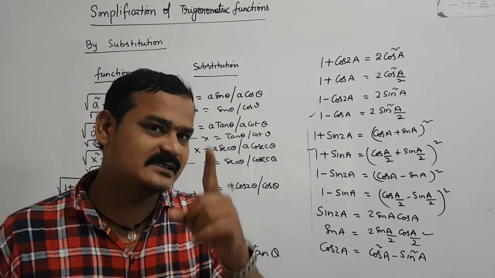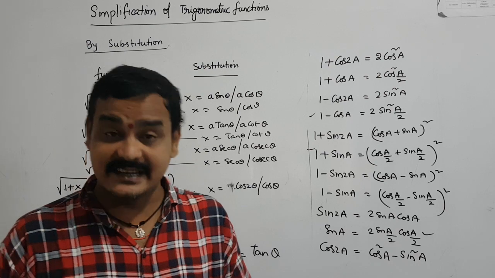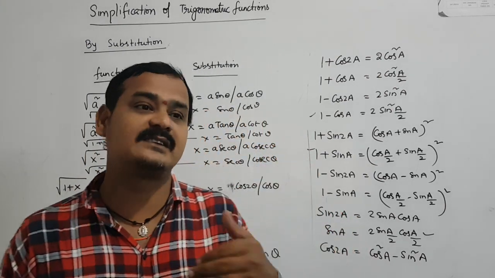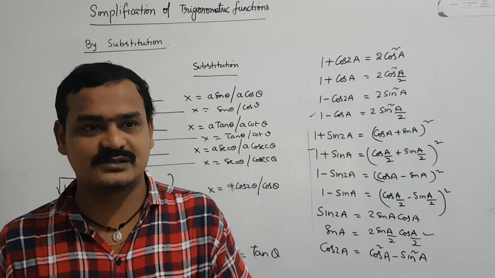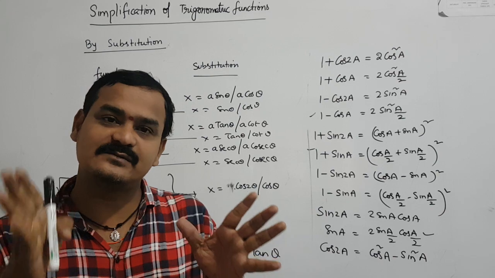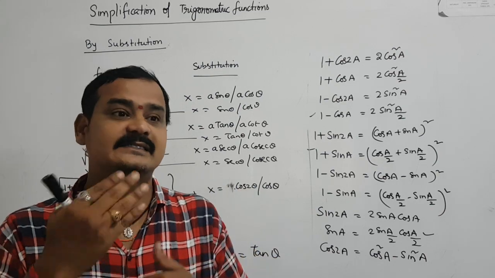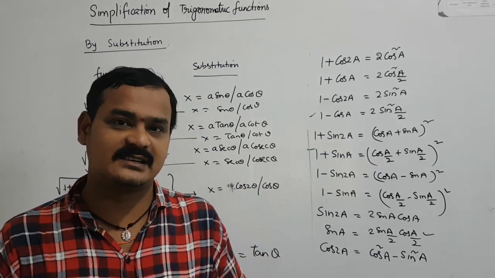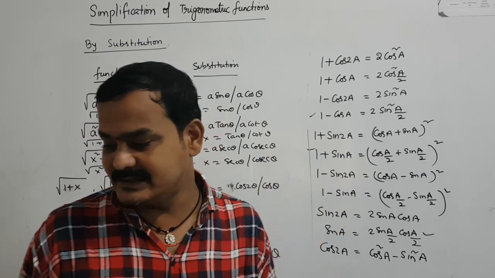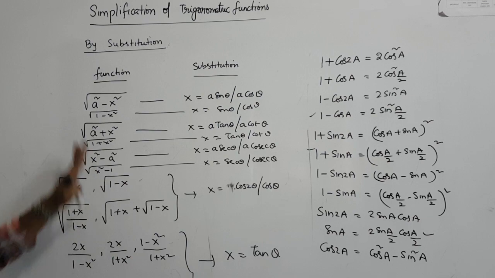So the first preference is given to tan theta, and the second preference is given to cos 2 theta or cos theta, because most problems are related with cos theta or cos 2 theta. After that you can observe the problem and derive it. This is the proper substitution method.